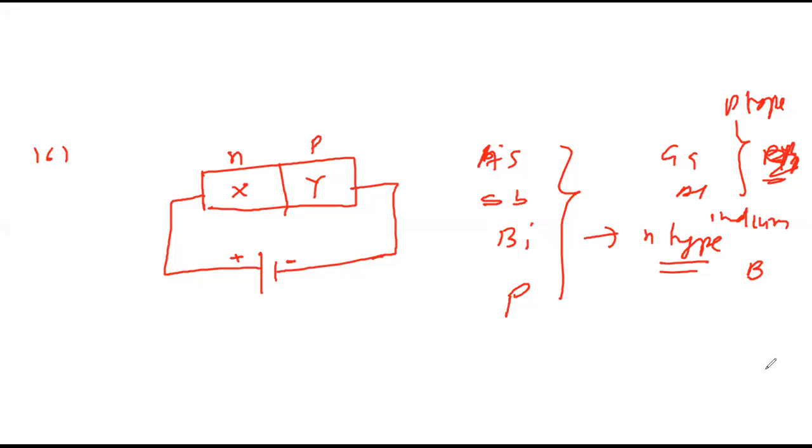N is connected to positive, P is connected to negative. This is called which bias?